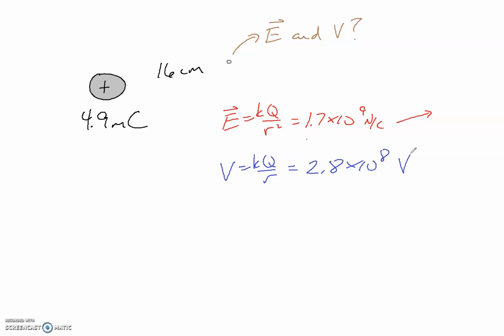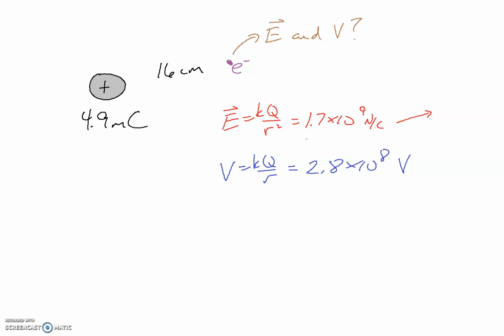Okay, so now let's change this up a little bit. Let's take an electron. Let's put an electron there. So I'm going to change that into an electron. Well, now that we have an electron there, we can calculate the force and its potential energy. So let's find the force.